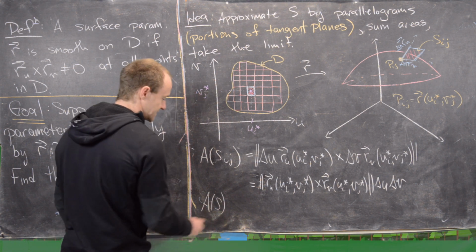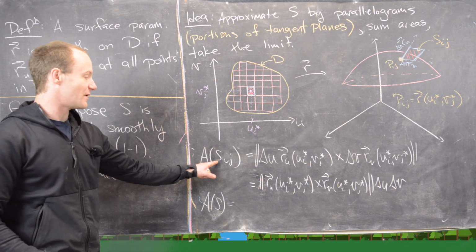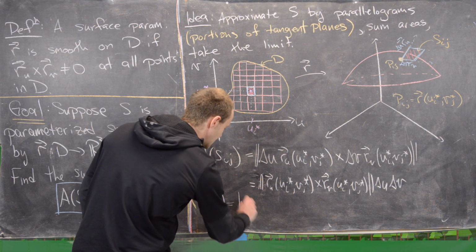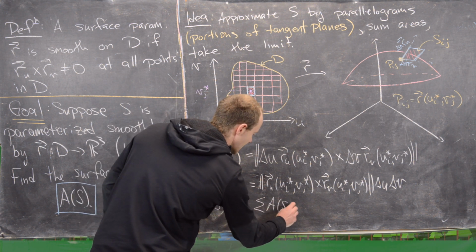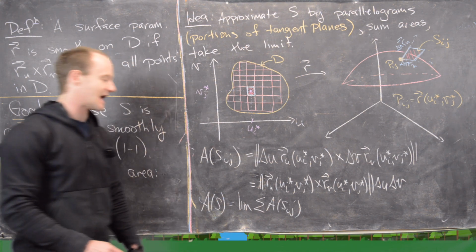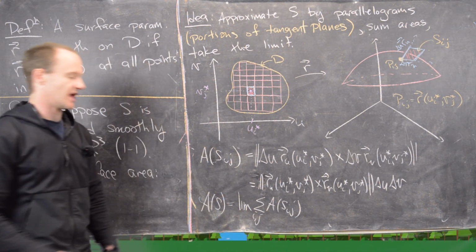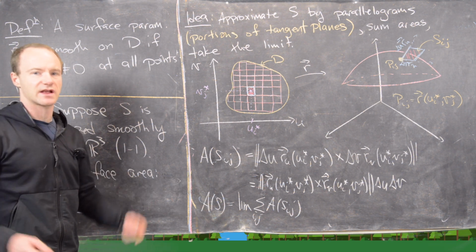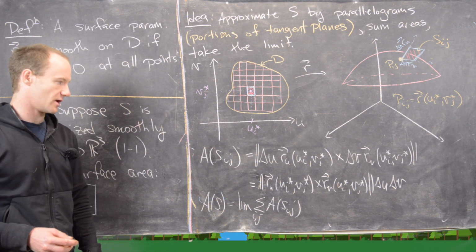Okay, so the next thing that we can do is say that the area of our entire surface is going to be equal to the sum of these, and then we take the limit. So here I'll say the limit of the sum of these ΔS_ij, and here we're summing over i and j. So that's what we get for this area, just kind of like a super general version of a Riemann sum from Calculus 1.